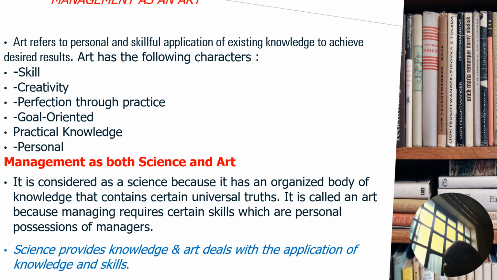For example, if you want to become a good painter, you must not only know the different colors and brushes, but also the different designs, dimensions, and situations. So you need to have practical knowledge.